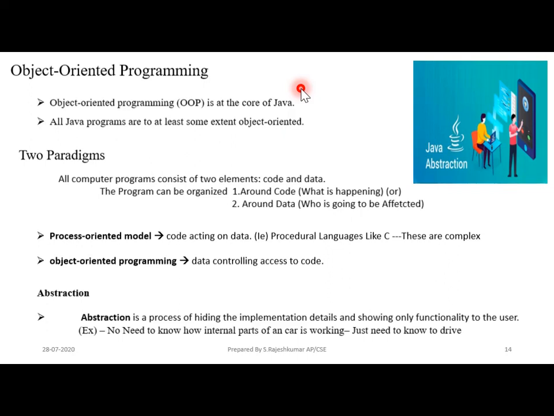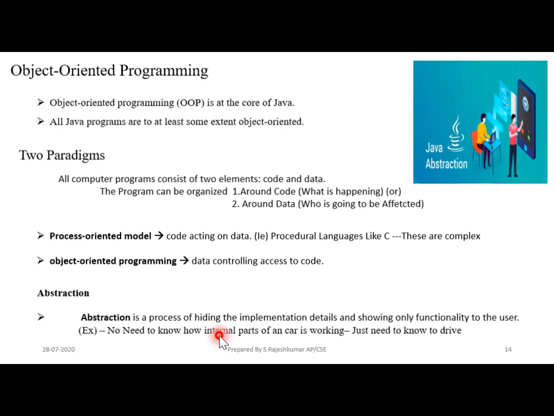The first feature we must know is abstraction, which is nothing but hiding the unwanted things. That means only the essential information is demonstrated, otherwise the remaining information is hidden. For example, when you are going to purchase a car, the primary thing you need to know is driving.